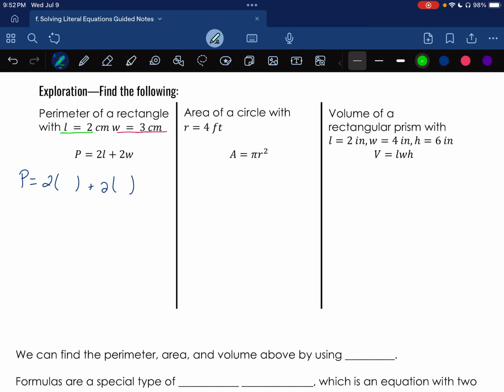I'm going to plug in length where that L used to be, and the width where that W used to be. Then I'll multiply. So this will be 4 plus 6, which is 10, and then I'm going to put centimeters, right? Don't forget your units.